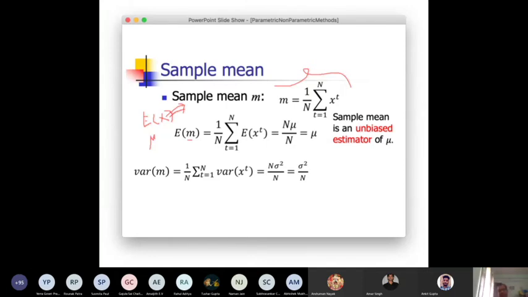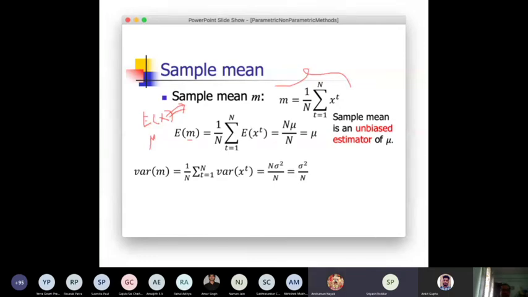Where am I getting confused? Variance of x_t is sigma square. I think in the expression I have written, I'm missing something.